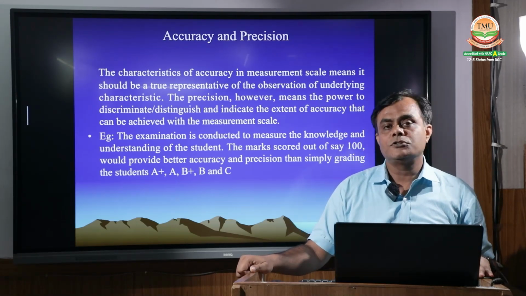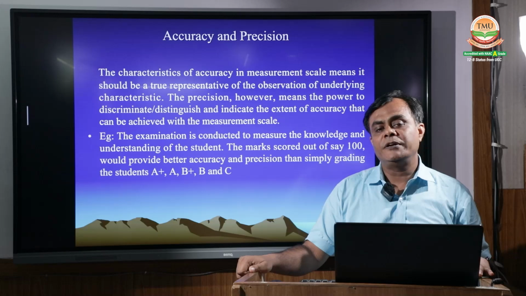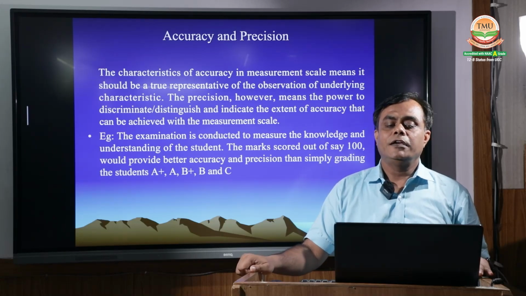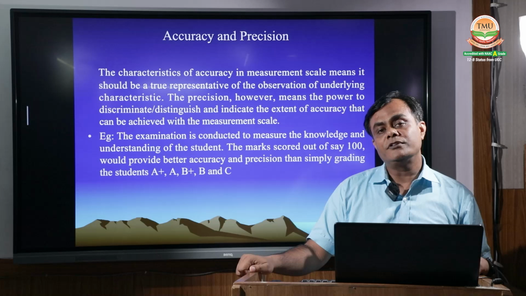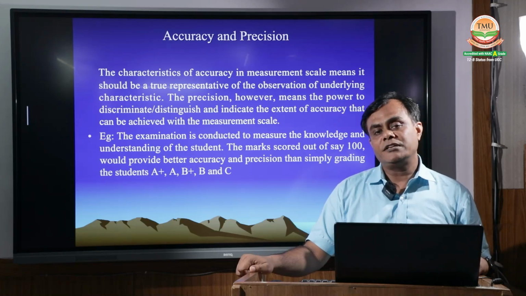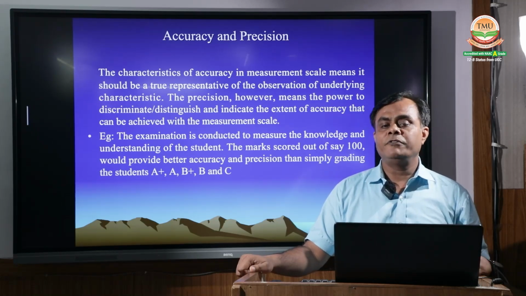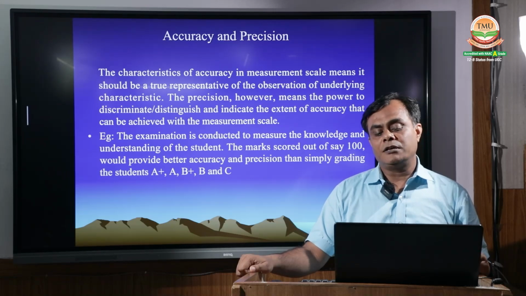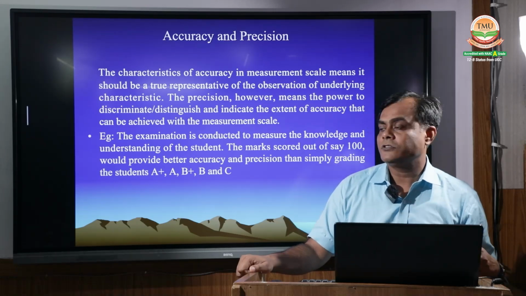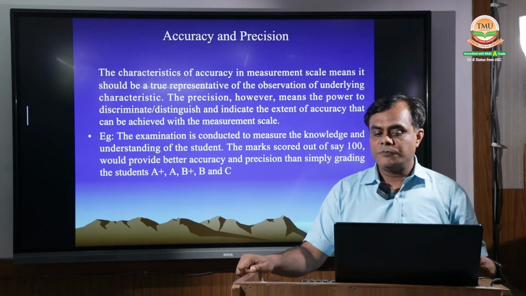Grading also gives you a better picture of the information. We use grading systems in school examinations and different academic examinations, and by this grading you can differentiate the knowledge level of the students.